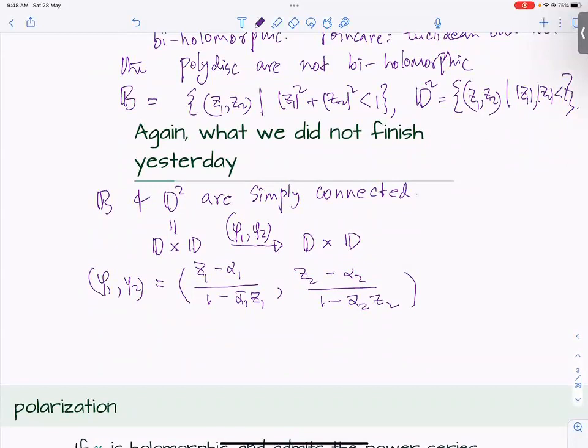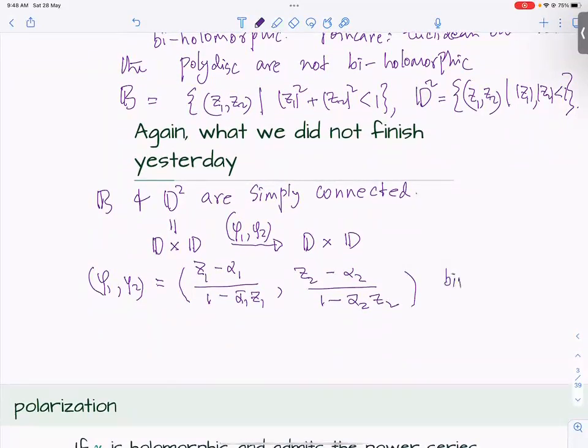This is going to be bijective because each of phi 1 and phi 2 is bijective, and this is just a Cartesian product. Given any pair of points alpha 1, alpha 2 in the bidisk, this maps it to 0, 0.